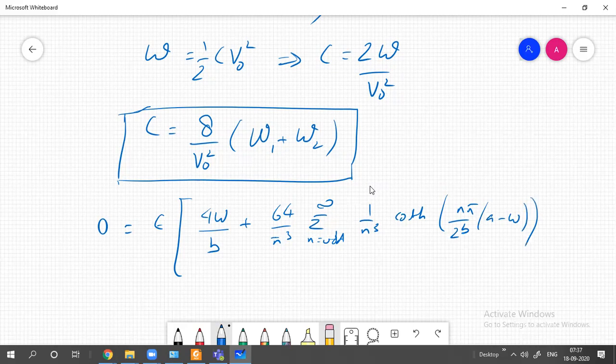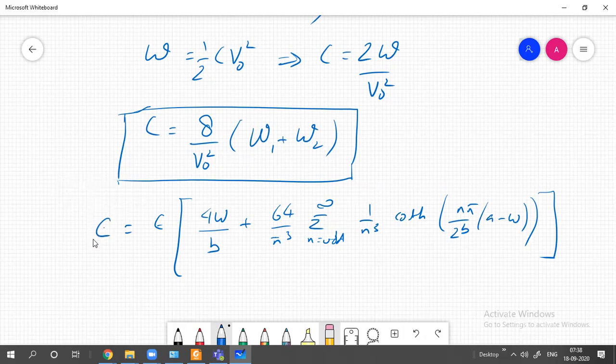This will be the capacitance per unit length.